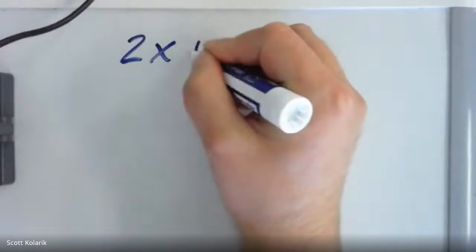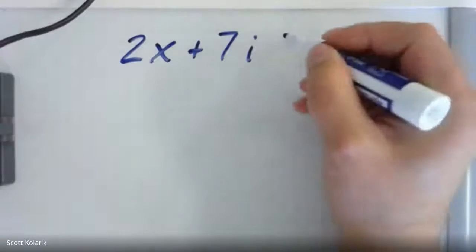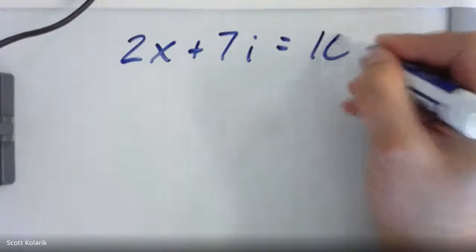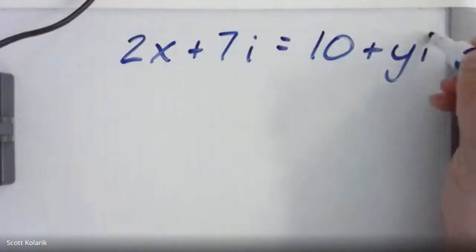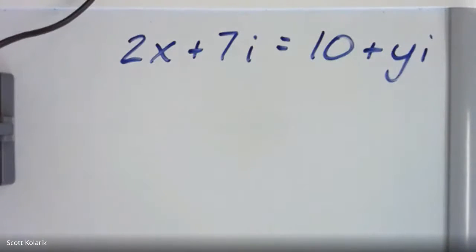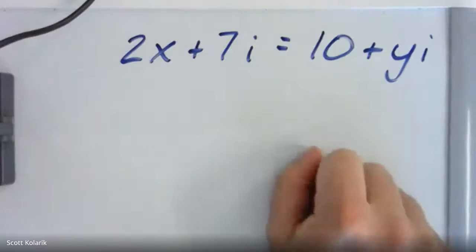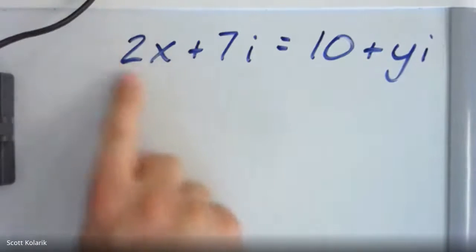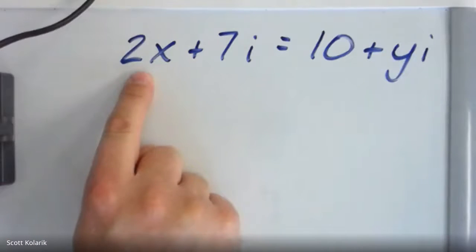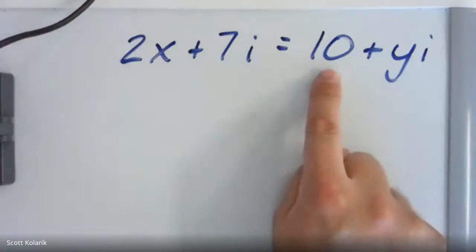Let me just illustrate this really quickly for you. So we're given 2x plus 7i equals 10 plus yi. This looks pretty scary so far because there's just a lot of letters going on, but the concept's actually very simple here. Each of these represents a complex number. Some a, this will be some actual number, and this 10 is an actual number.